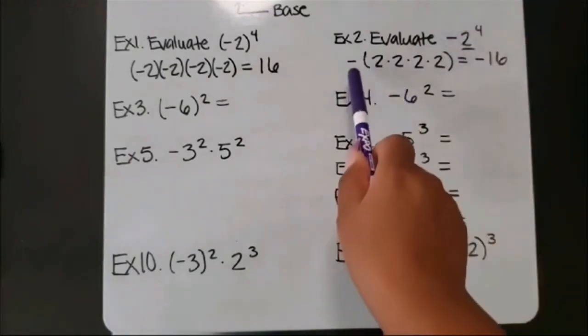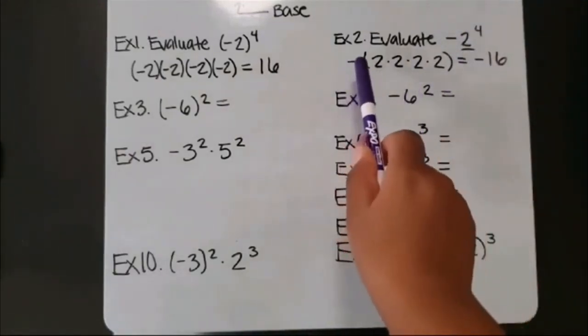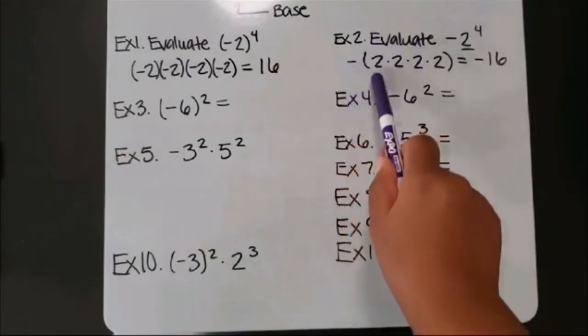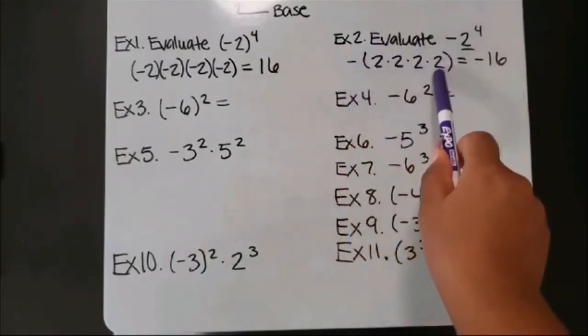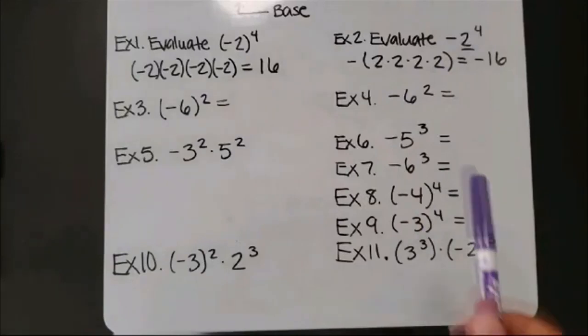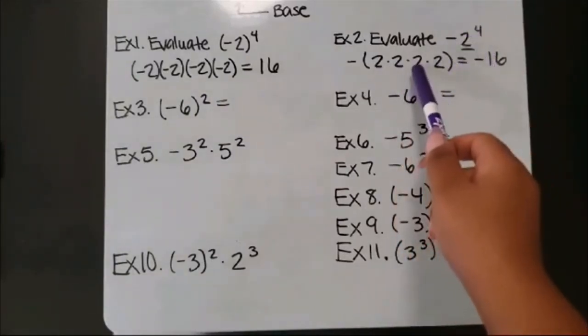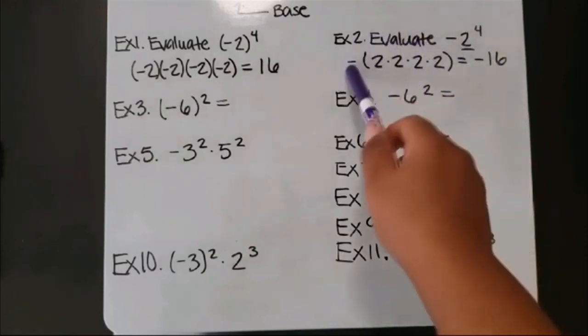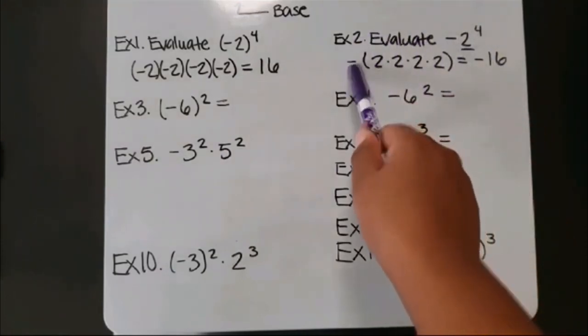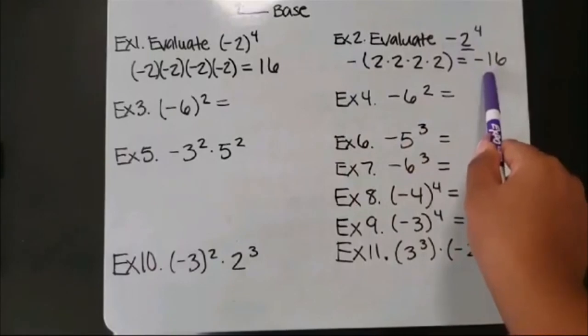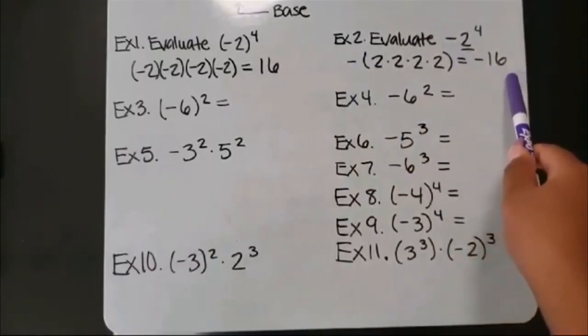So I rewrote it like this. We have negative 2 times 2 times 2 times 2, okay? So 2 times 2 times 2 times 2 is positive 16, and then we have to multiply that by the negative out front. Therefore, we get negative 16, all right?